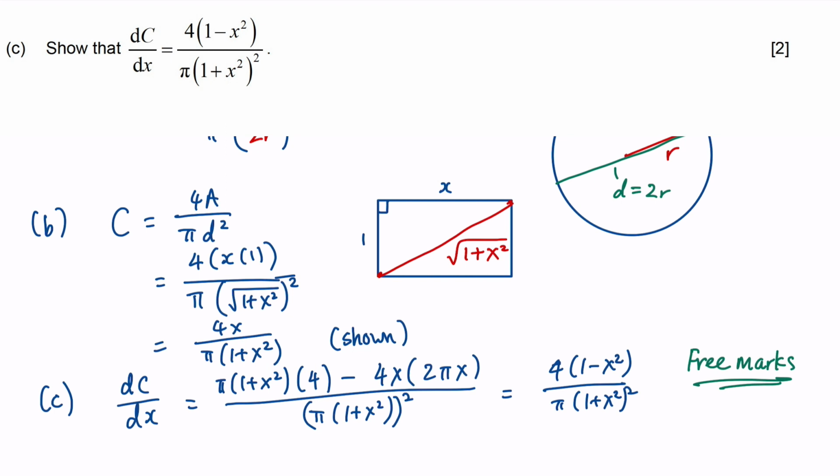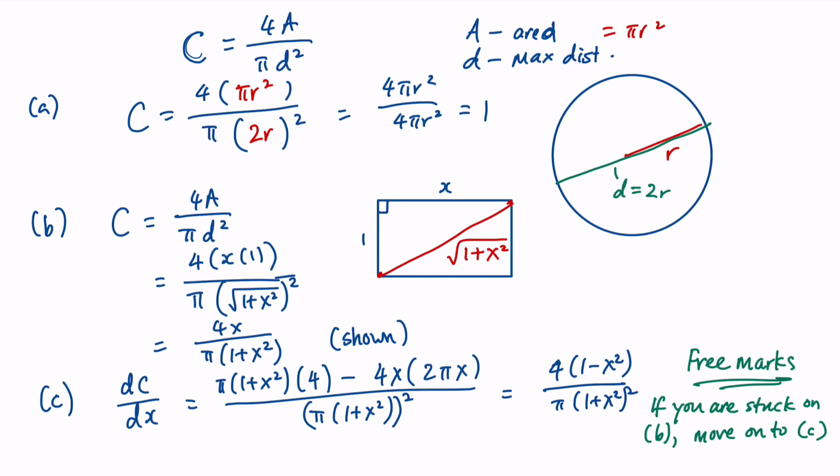This is an example of a question where you can get back in even if you were stuck on B. If you are stuck on B, please don't give up. Just move on to part C so that you can get back into the question.